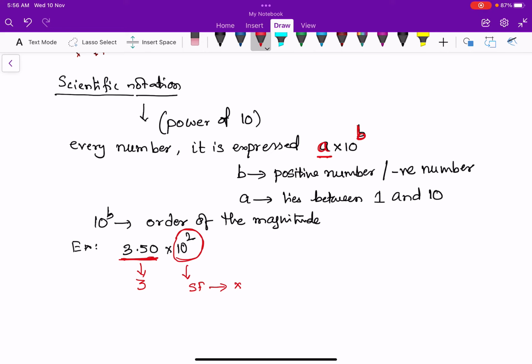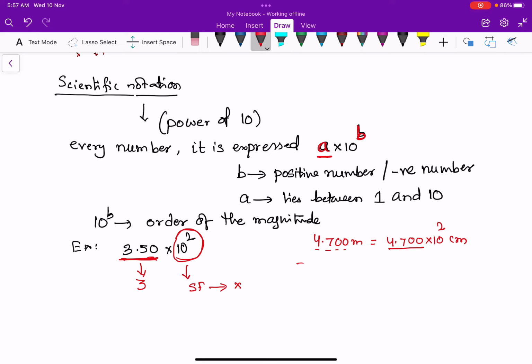Suppose 4.700 meters is one value. Shall I write the same value without changing it? How many are there? 1, 2, 3, 4. Now I'll write it as 4.700 into 10 power 2 centimeter. Again the significant figures are not changed, right?